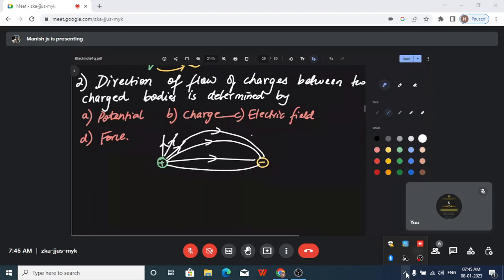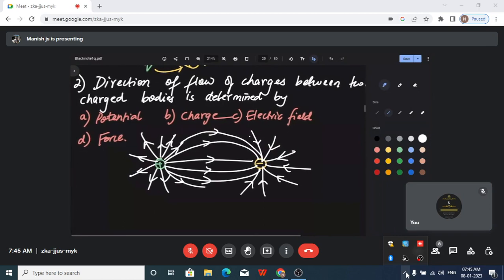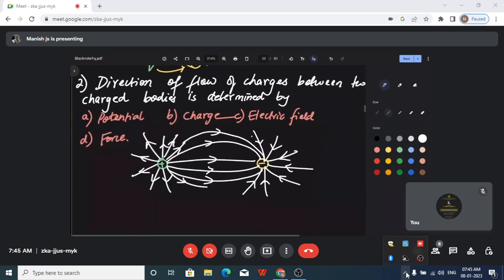So we generally express like this. Positive is radially outwards. What I depict here is the interaction of two opposite charges. One positive and one negative. You can see that positive is radially outwards and negative is radially inwards.